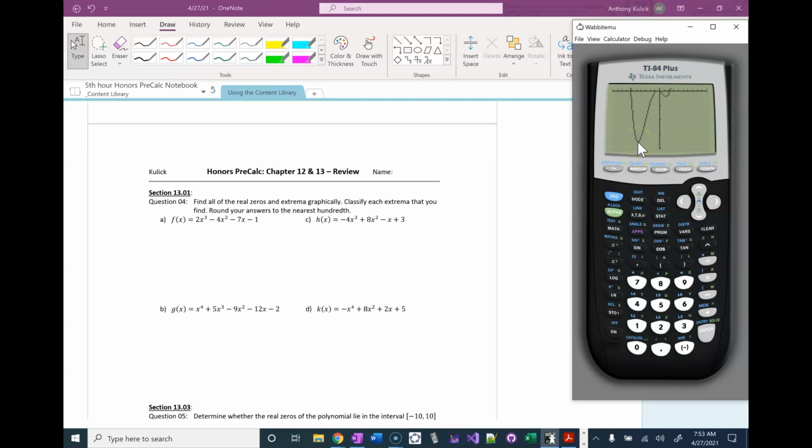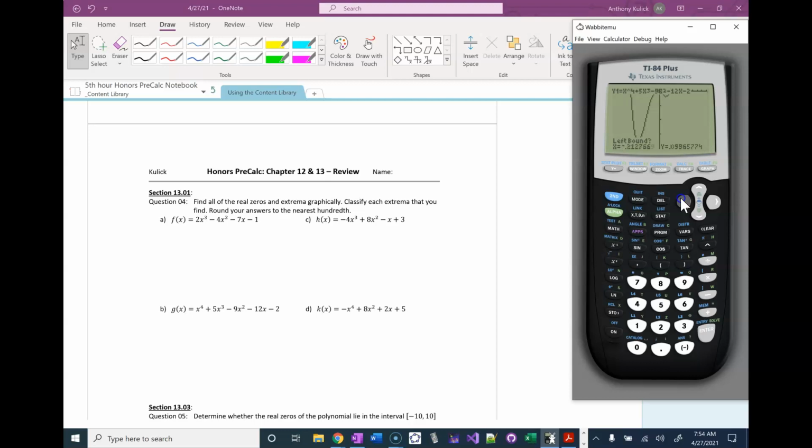So there are 3 extrema: this global minimum, this local maximum, and this local minimum. To find the maxes and mins, I'm going to do second and trace and use the min and max commands. Let's find this one first.